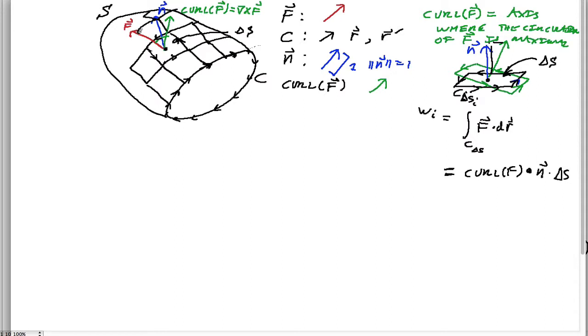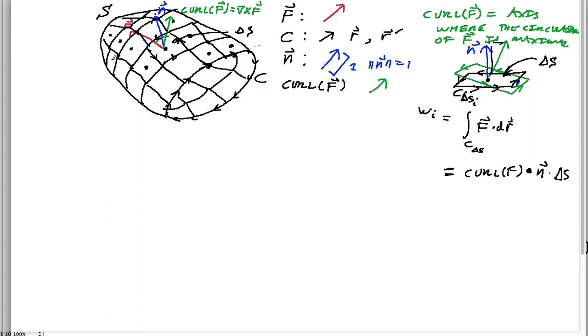I'm going to do my best artwork here to fill out this patchwork, like so. And of course we also go around the back side, like such. At every point, I'll use that as a representative point.